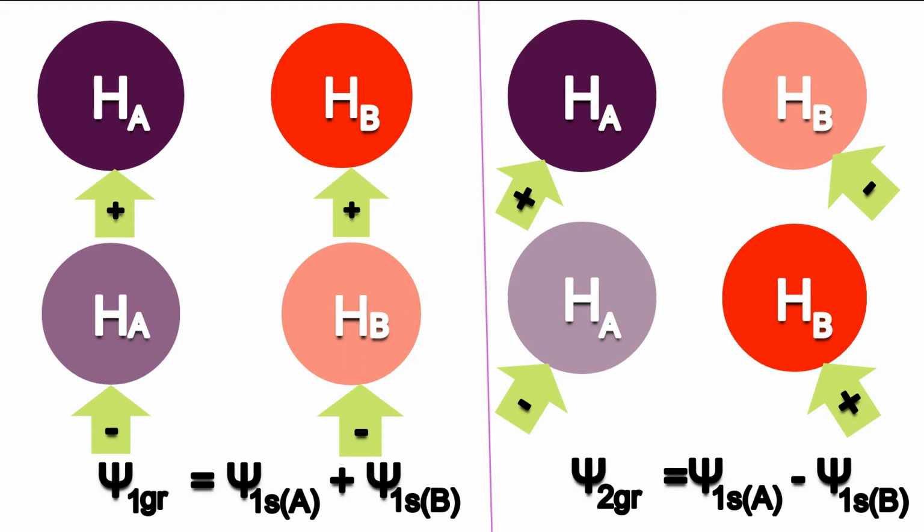Why the plus sign? Because in the left compartment, in the first possibility, both atoms have the same wave function, so addition will be there. Therefore, plus psi 1s. It is for which atom?